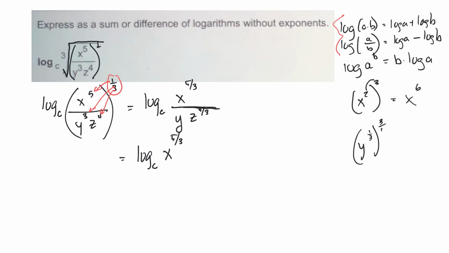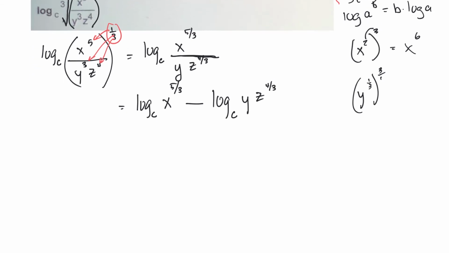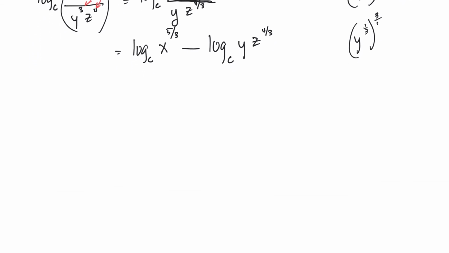Since this is divide, now I'll go minus log base c of those things: y to the first, z to the 4/3. Now, one issue that I have, I can keep simplifying this, but I'm just a touch worried about the ones on the bottom. Because this is times, that means it's a product rule between those two. So let me just break it down a little bit.